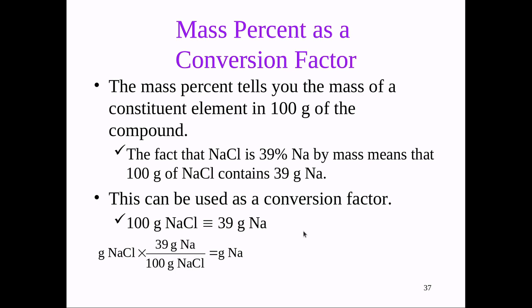And then you'll see that you can use that to make conversion factors just like we've been doing before. You can have 39 grams of sodium for every 100 grams of sodium chloride, or you could reverse it. And this is going to allow you to go from the mass of sodium chloride to the mass of sodium, or from the mass of sodium to the mass of sodium chloride that you're going to need.